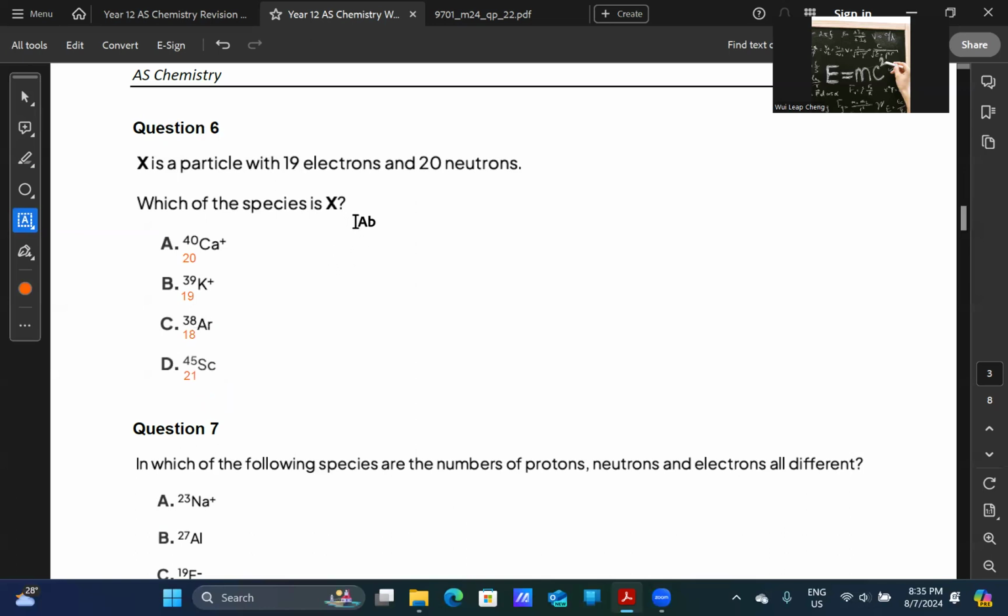Okay, first, let us find their number of neutrons. So for the first option, 40 minus 20 equals 20. So option A is correct. Option B, 39 minus 19 is also 20.